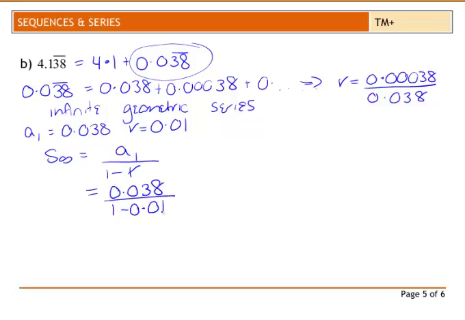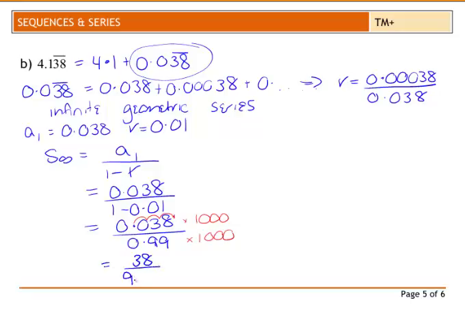Again, I want to keep them as decimals. So I get 0.038 over 0.99. I need to get rid of the decimals, so I need to move this decimal point 3 spots to the right. Essentially I'm multiplying the top and bottom by 1,000, and that'll give me 38 over 990. Sorry, I've written that out wrong; that should be 990.